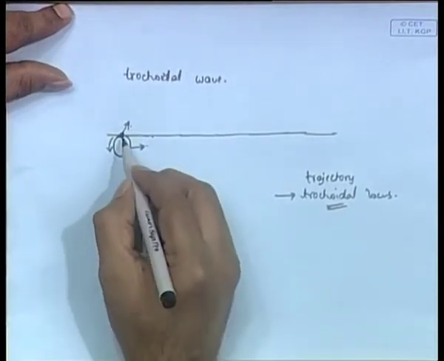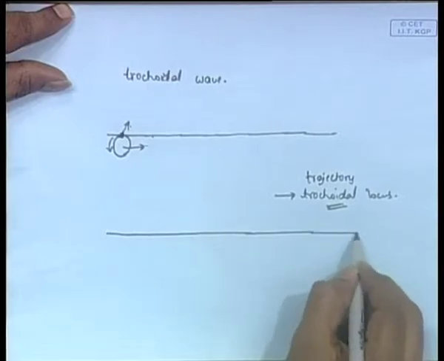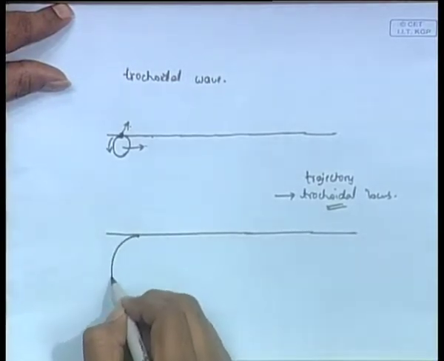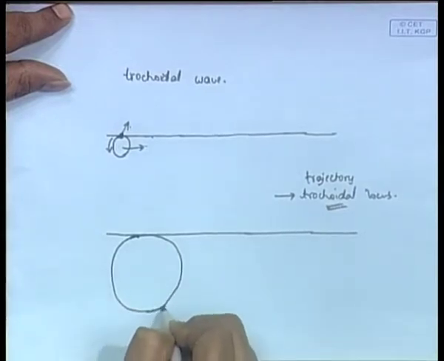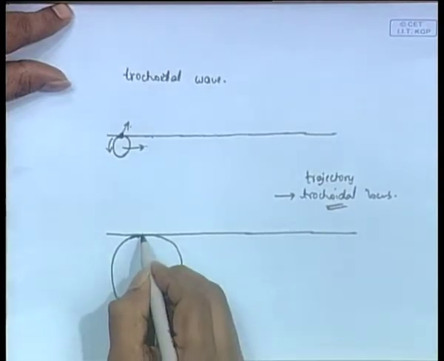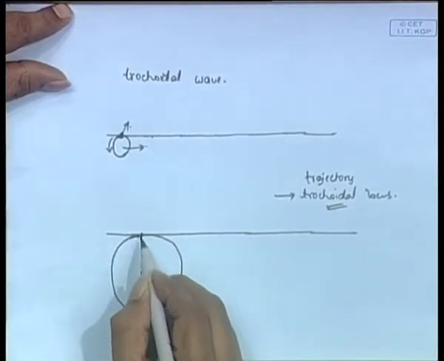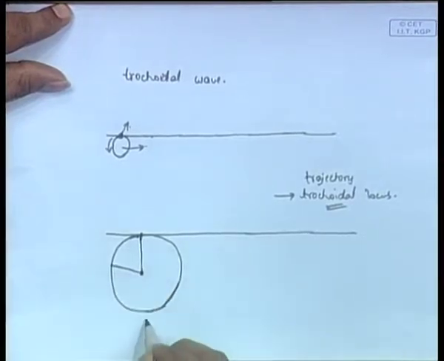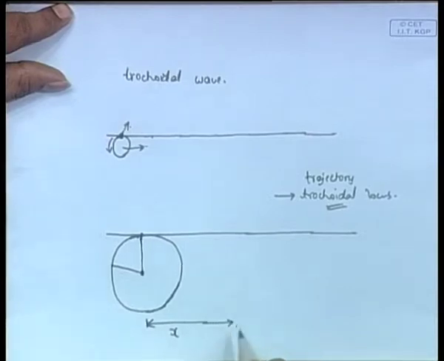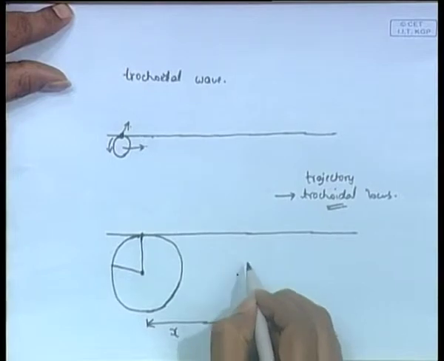Now, let us assume it is like this, we will draw it slightly bigger. So this is the circle. Now, we are considering a particle here, and it moves through a distance x, and so it comes here.